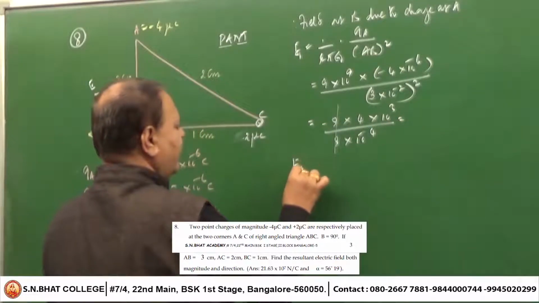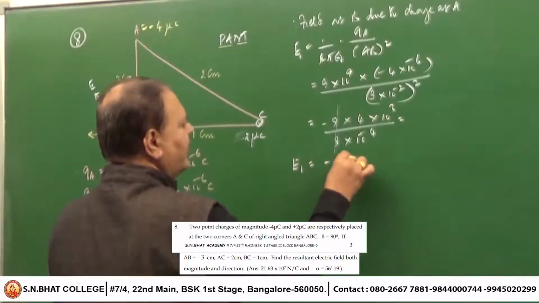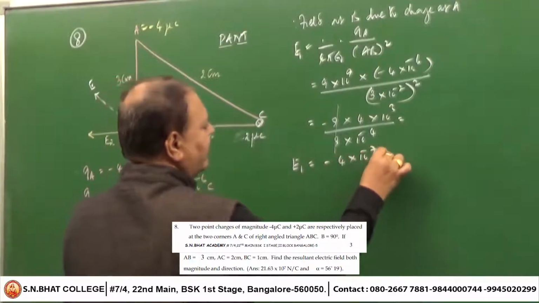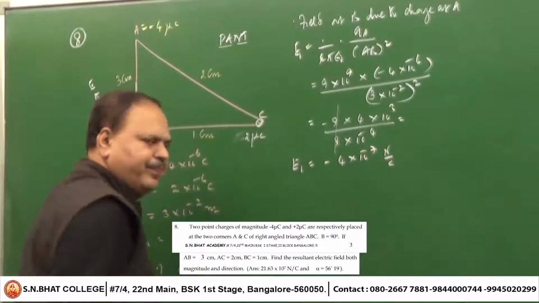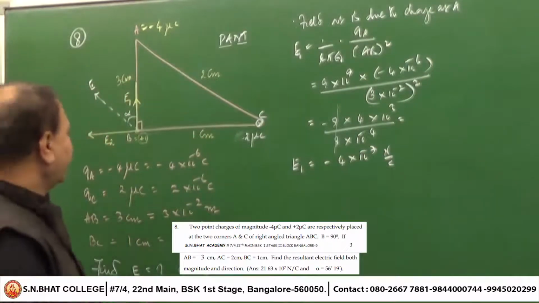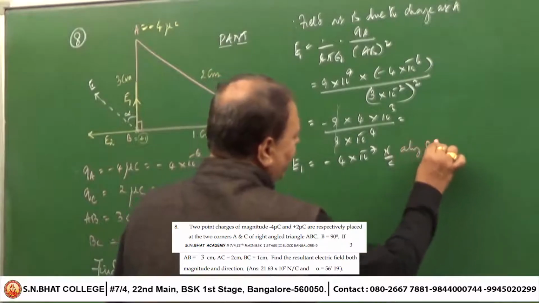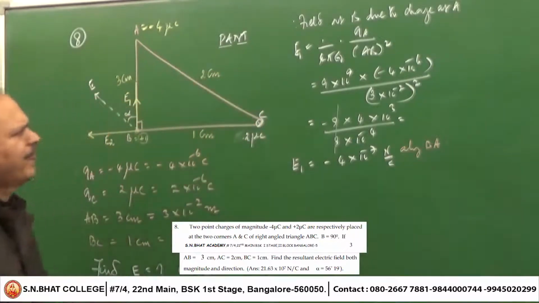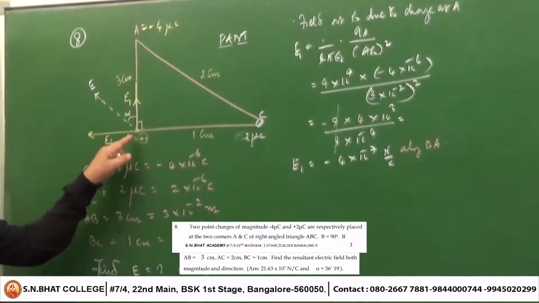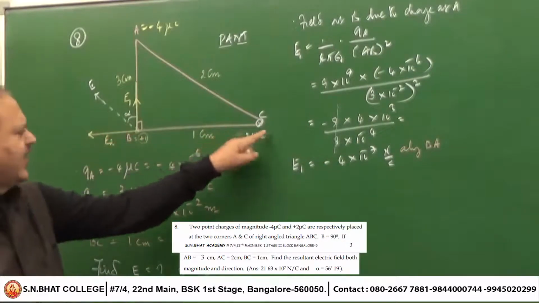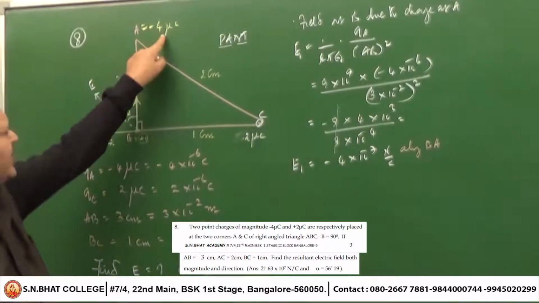Remember, your E1 is equal to minus of 4 into 10 to the power of minus 7 Newton per Coulomb, and it is acting along BA. Very important. So you calculate the field at B due to the charge A.